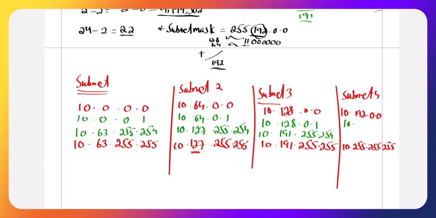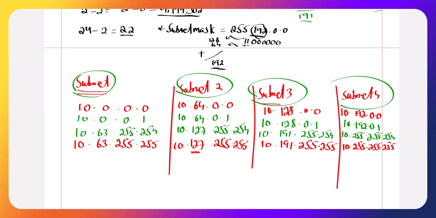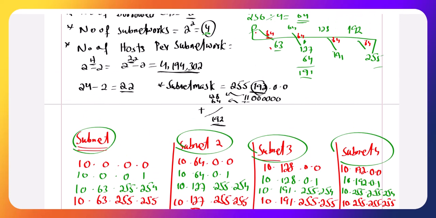Same here, 255.255.254. Okay, dear students, so these were the 4 subnetworks.